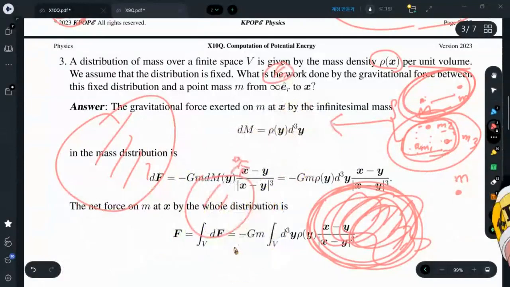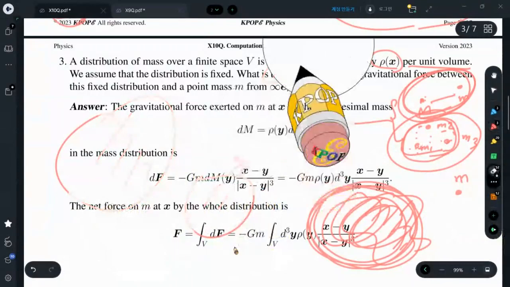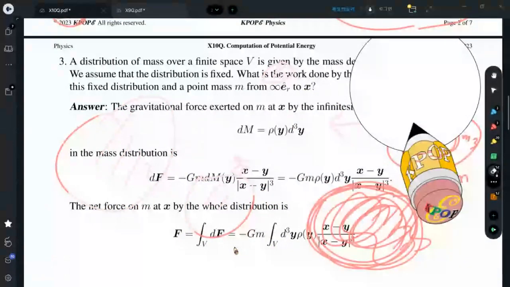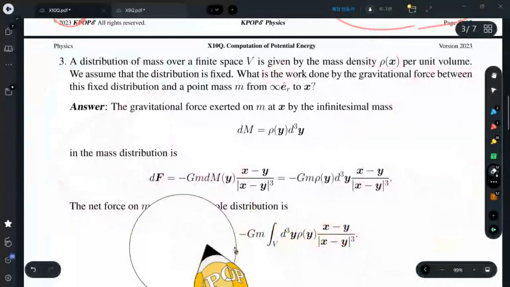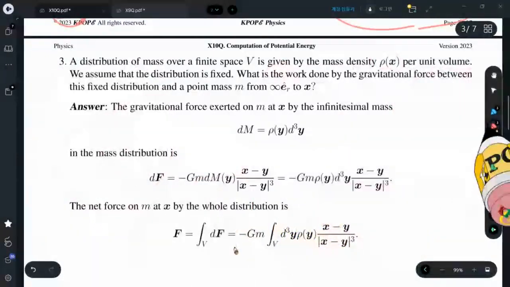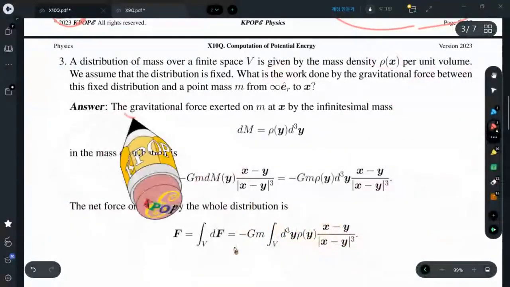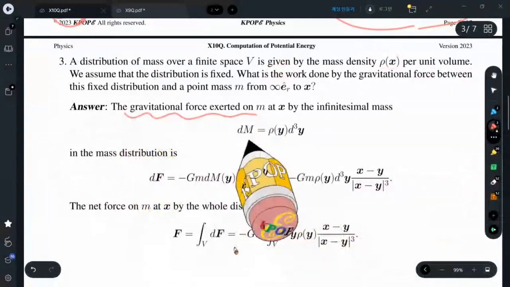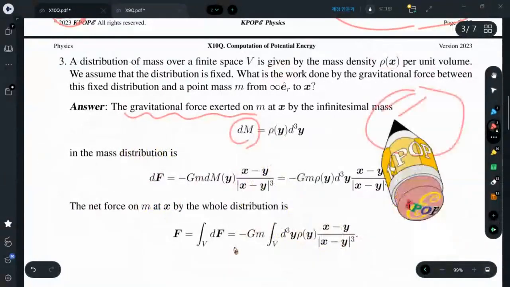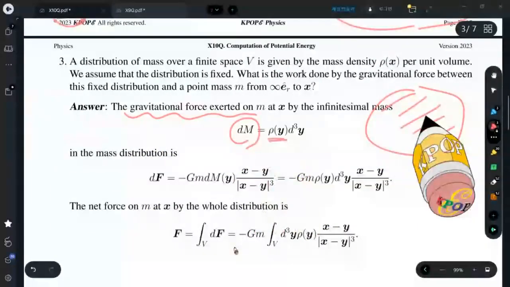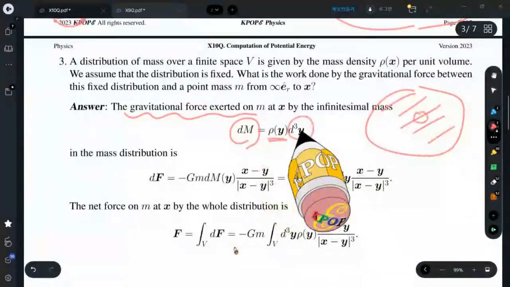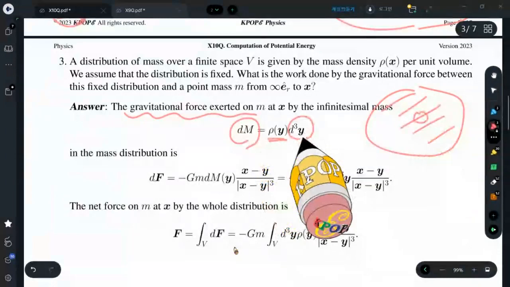Our strategy is to apply these two previous results to compute the gravitational interaction between a large scale mass distribution and the point mass. First, density is mass per volume. d cubed y represents the volume.